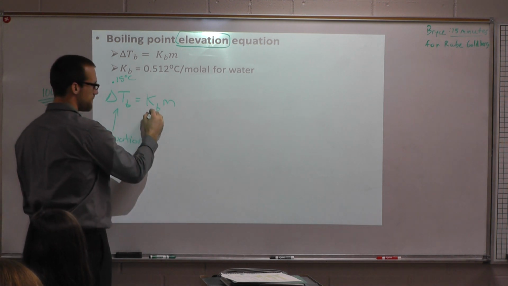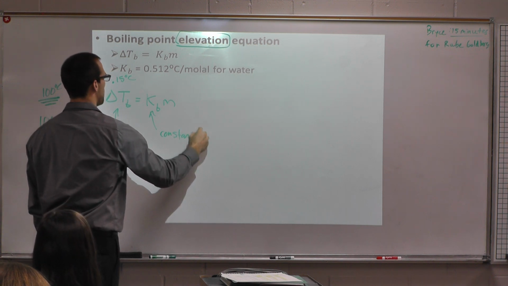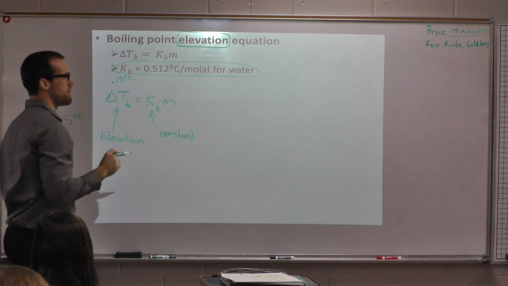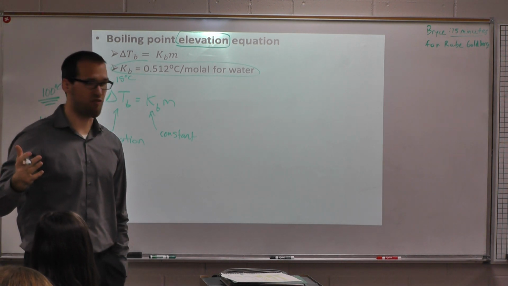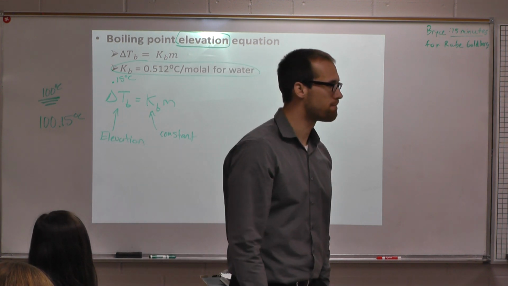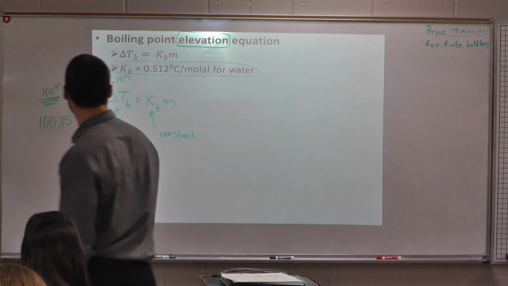Now this is an experimentally determined constant, and this is what it is for water, right here. Most of the time we're just going to be dealing with water. If they give you something that's different than water, they'll have to give you a different KB. Just the KB.